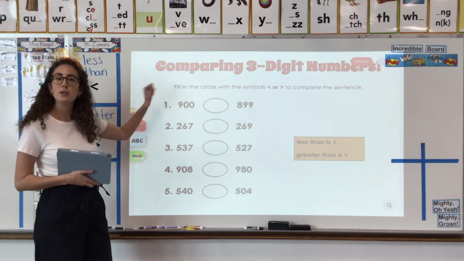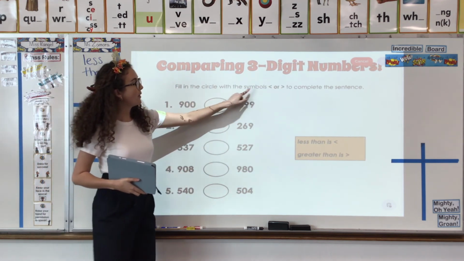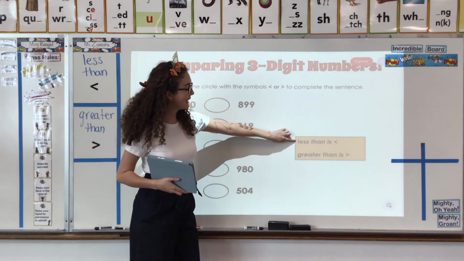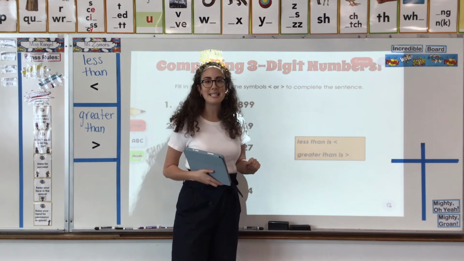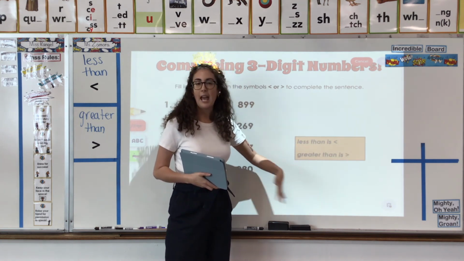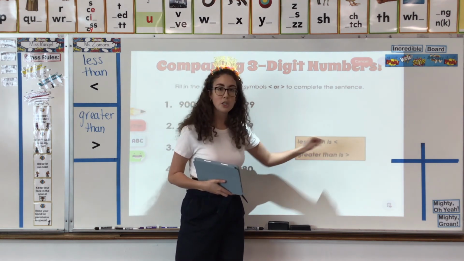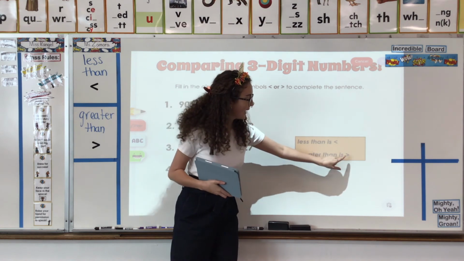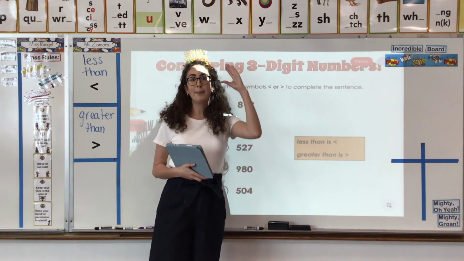Up top, your job is to fill in the circle with the symbols less than or greater than to complete the sentence. You've got a little key right down here. If you get confused, you can show that less than opens to the right and greater than opens to the left because it's always facing that bigger number.